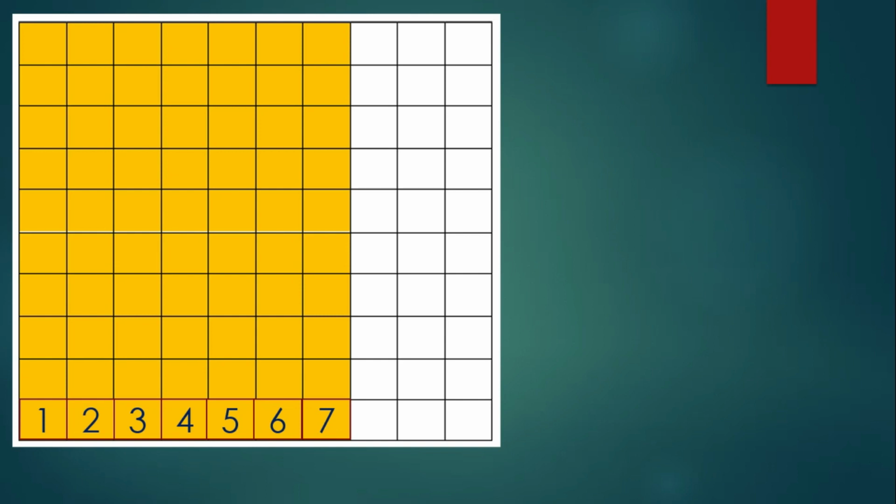I repeat, they represent the number at the 10th place. So how will I write it in the decimal form? I'll write it as 0.70. 7 is written at the tens place.